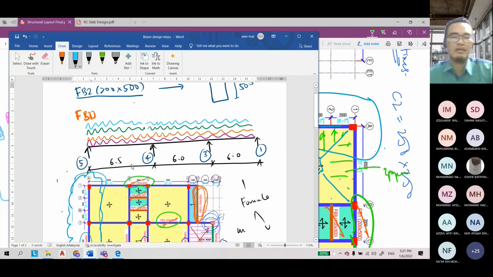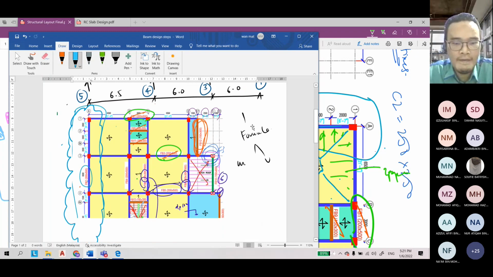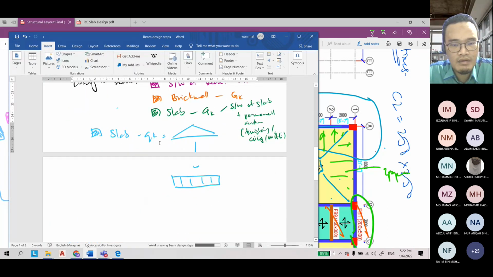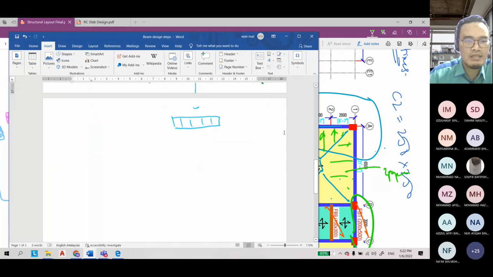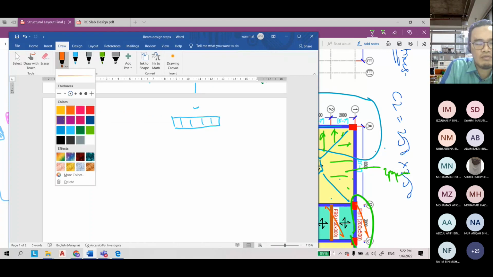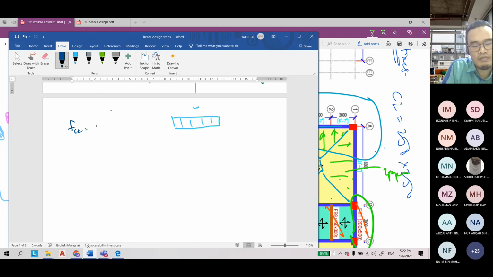Any question? So you have everything here. Your design data you determine on your own. You decide the concrete grade, FCK, either C25/30 or C30/37.